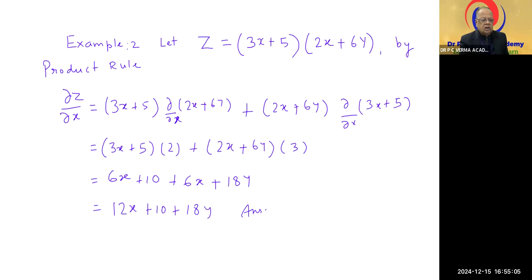This is del z by del x. Now we have to find out del z by del y. We can write it as zy, and the other one we can write as zx.